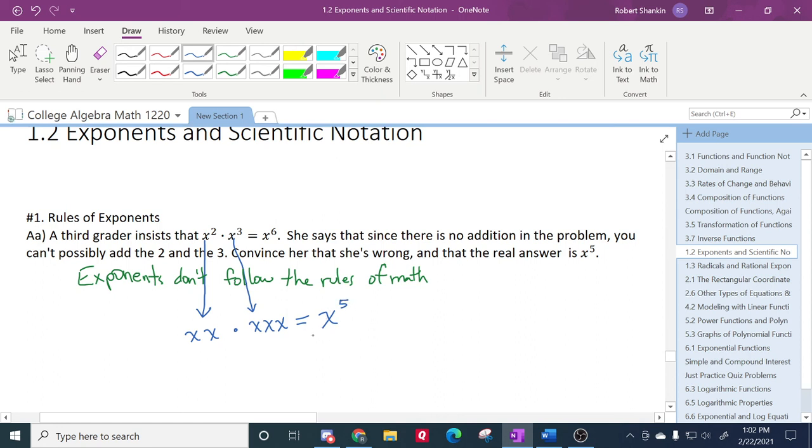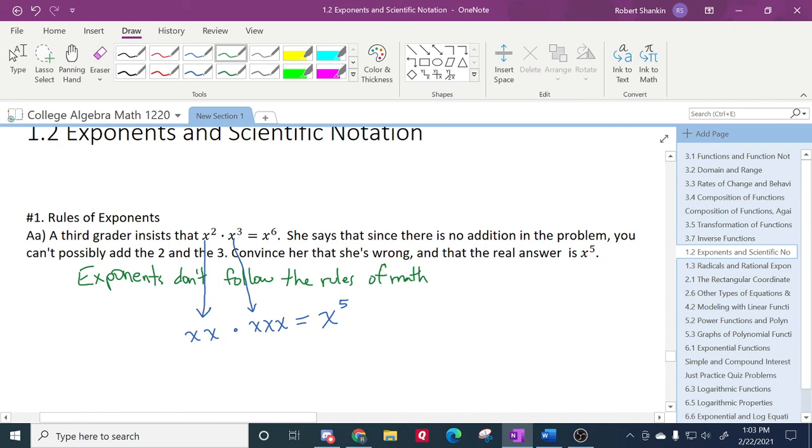Visualizing it, we can see that there are 5 x's. In fact, this is what did it for me when I first had exponents, and they didn't make any sense at all, and I was super confused. It was once I could visualize it like this that I could see what it was. Now, we can elaborate on this.